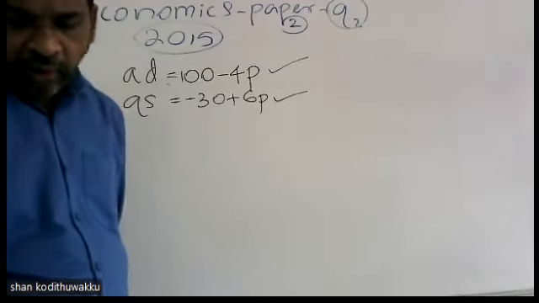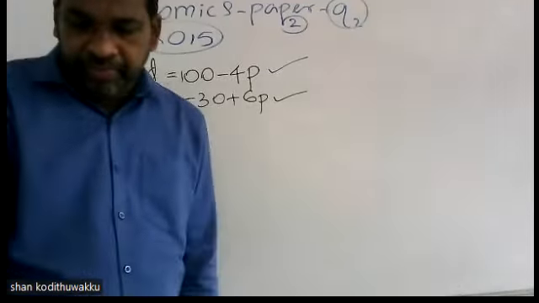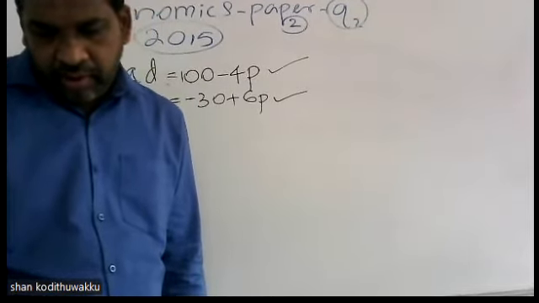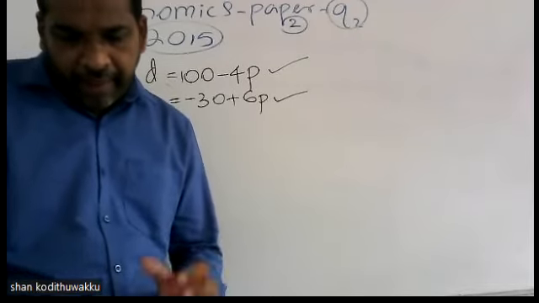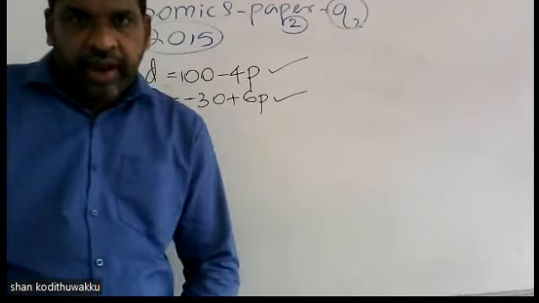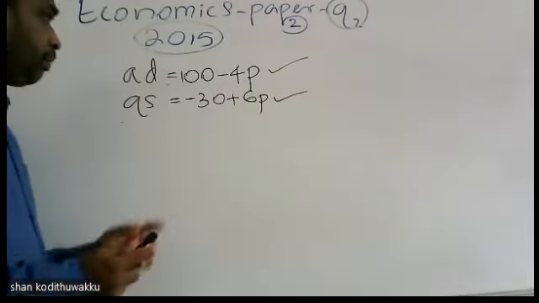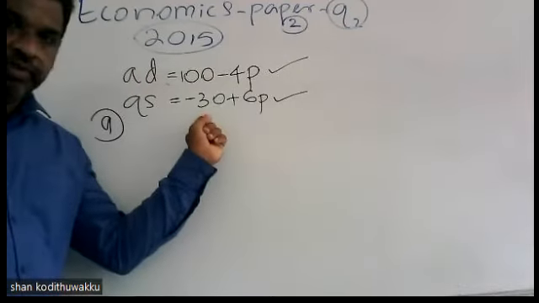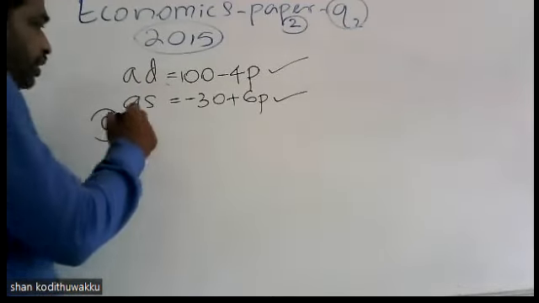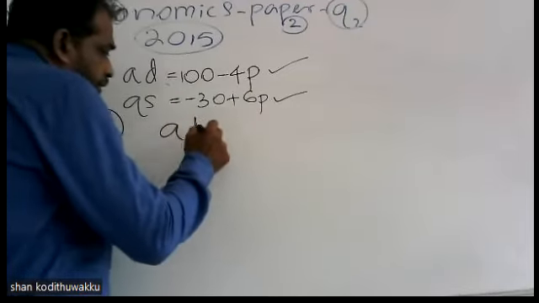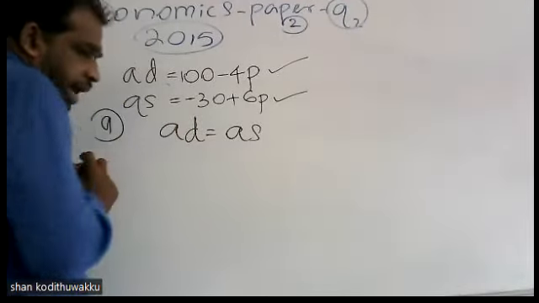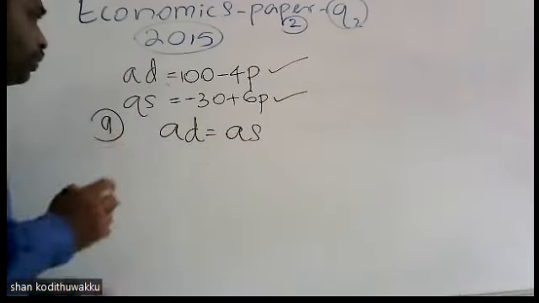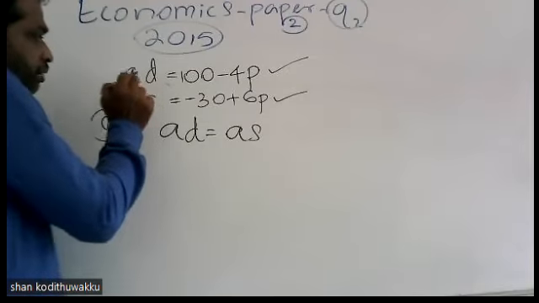Calculate the equilibrium price and quantity using the equations, and show this equilibrium accurately on the graph. First, in part A, you have to find the equilibrium price and quantity. You know, at the equilibrium, quantity demanded will be equal to quantity supplied. Therefore, this is our demand equation and this is our supply equation.